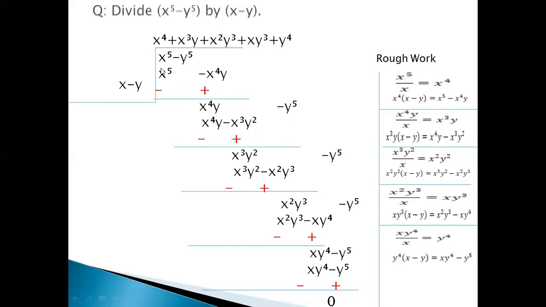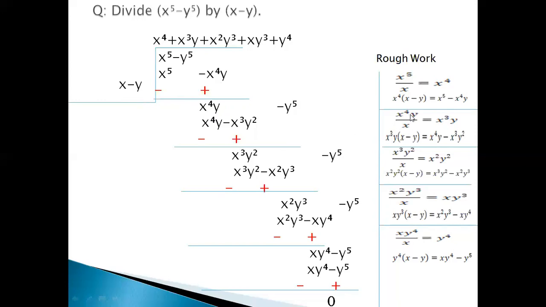For subtraction, we will change the sign. Plus x power 5 will change into minus, and minus x power 4y will change into plus. So this will cancel out, and we will write x power 4y and the next term from the division sum, minus y power 5. Now again we take the first term in this step and divide by x.